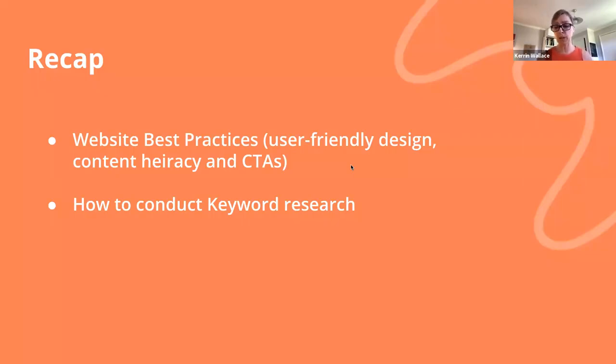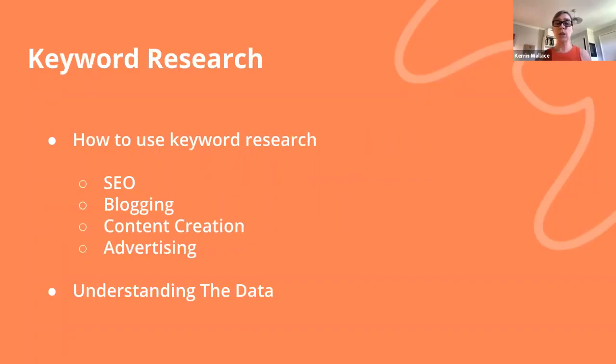Keyword research is useful across your marketing. In the old days, SEO was a standalone marketing strategy that you could outsource, but now it needs to be an integrated part of your marketing.